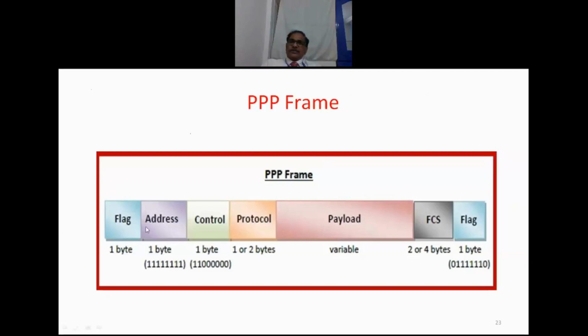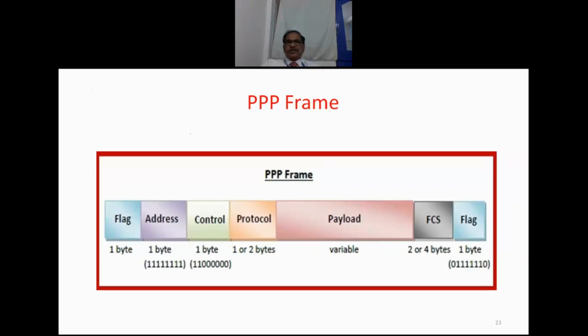Next, again the address of the receiver, to whom this belongs. If it is a broadcast, the address is all ones. So all ones indicates the broadcast address. This information should go to all; all the users have to take it.